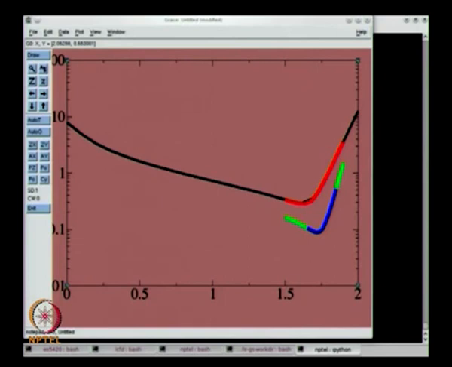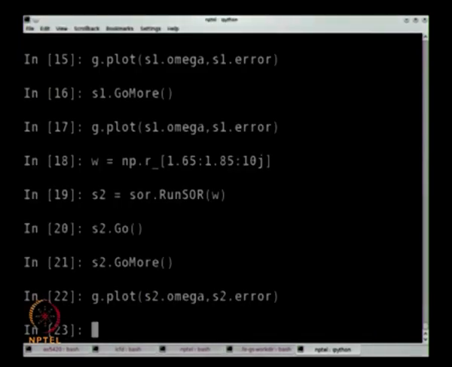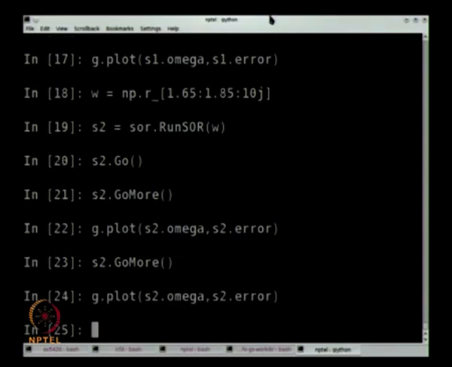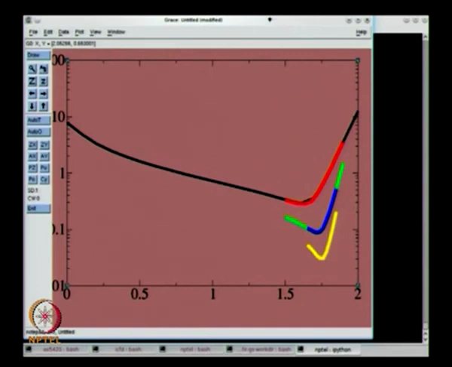As you would expect, it is the same, you have done it twice, it is a smoother curve. We will do it some more. Fine, okay. So you can see it is getting tighter and it seems to be between 1.75 and 1.8.